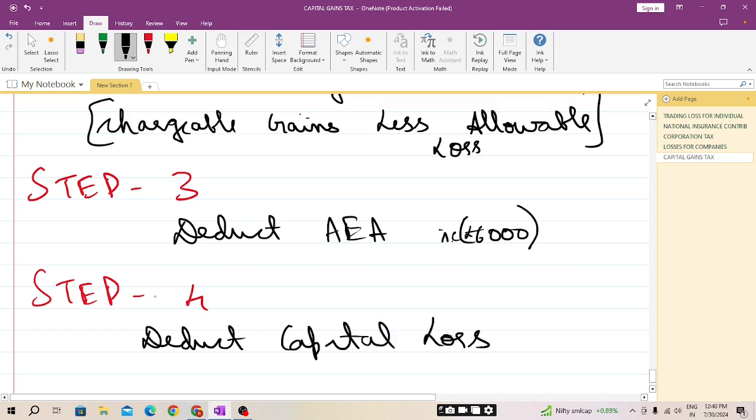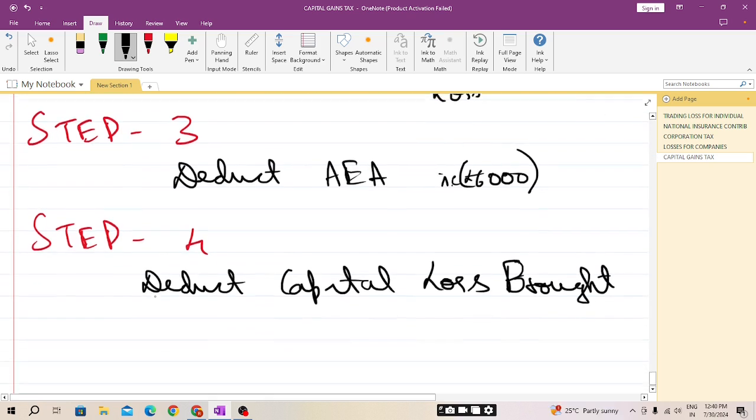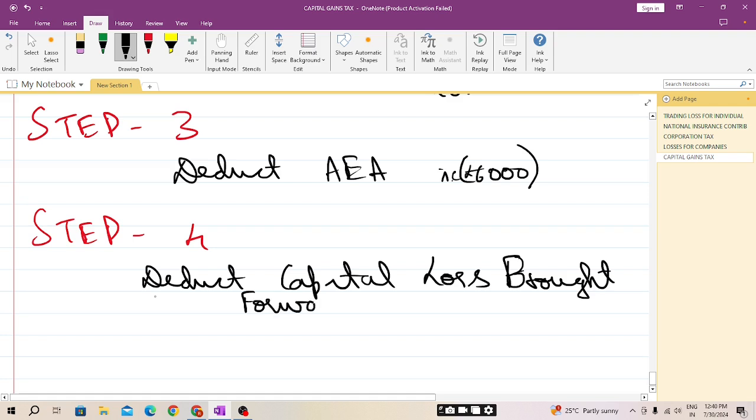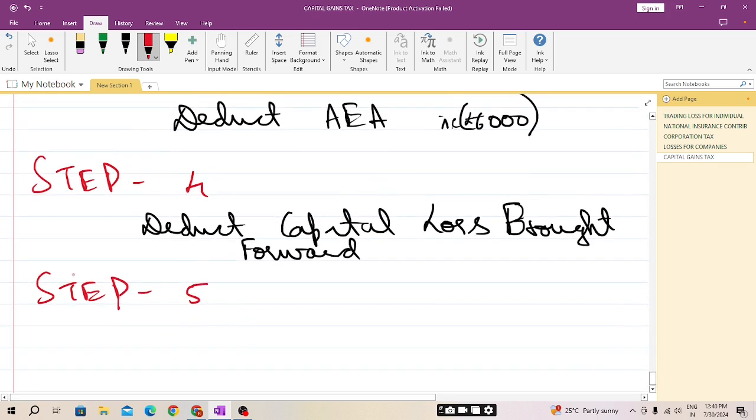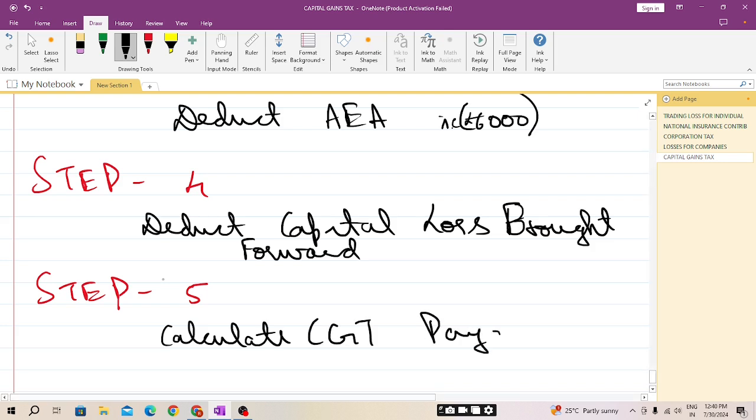Then step 5 was the calculation of CGT: calculate CGT payable. I hope this is clear.